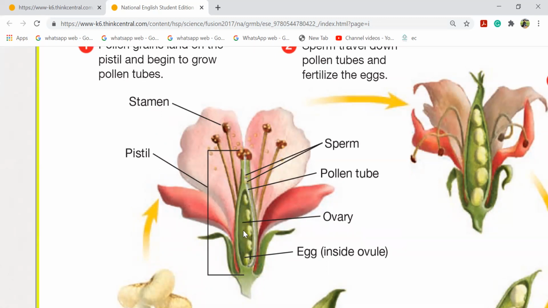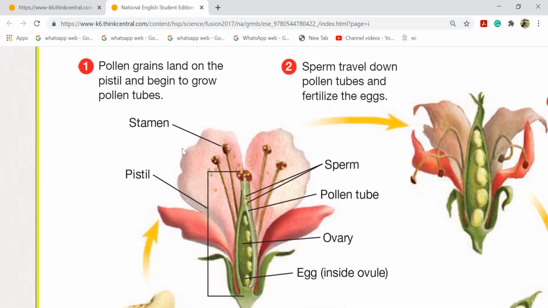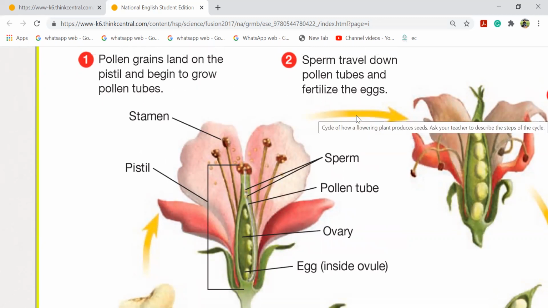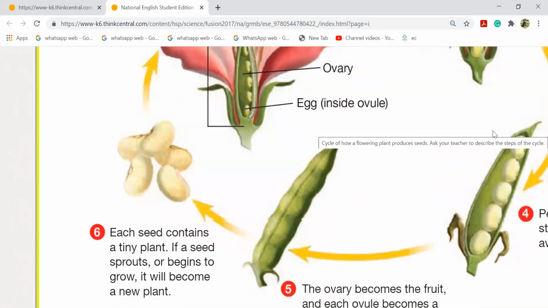So pollen have the sperm cell, and they travel down to the ovary, and there they unite and form a new zygote, a fertilized cell. Pollen grains land on the pistil and begin to grow pollen tubes. Sperm travel down the pollen tubes and fertilize the egg inside the ovary.